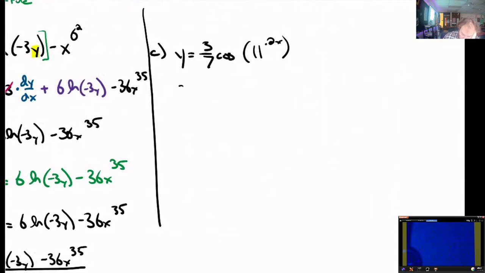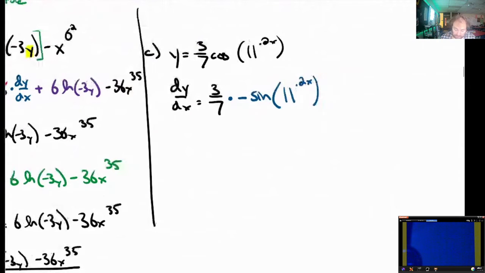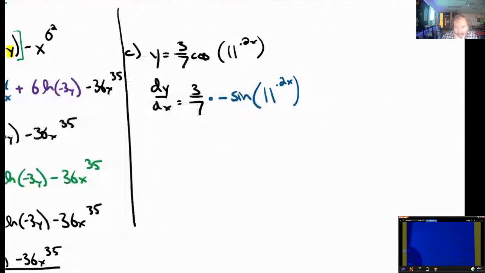Anyway, dy/dx here. We can ignore the 3/7 since it's just a constant being multiplied. The derivative of cosine is negative sine of the original inside, 11 to the 0.2x power. And the derivative of 11 to the 0.2x power, remember that is a to the x, not x to some power, so we need the logarithmic derivative there.